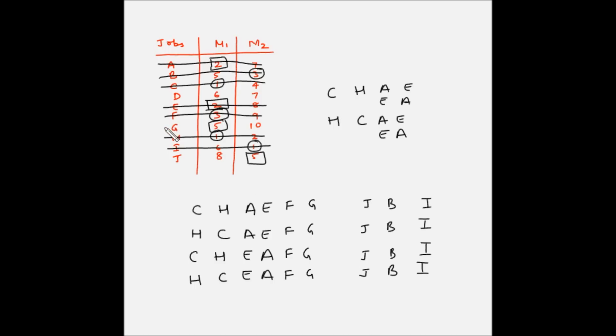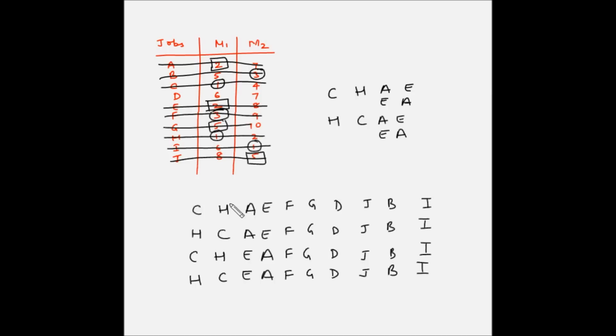Let's strike these two off. And then the last remaining job is D. So D will be here. So these 4 possible sequences can give us the minimum possible time for these jobs.